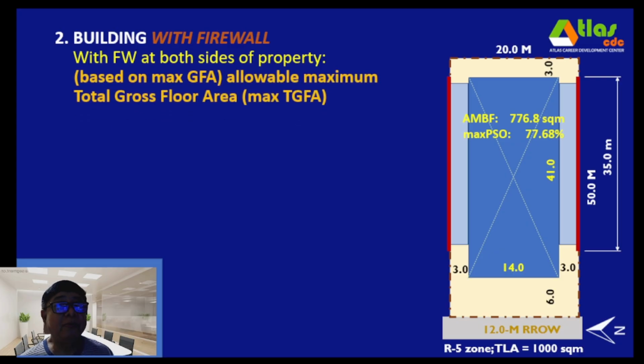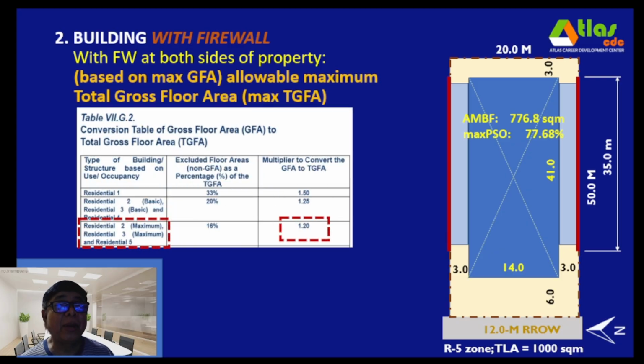Now if we check this maximum TGFA that is based on the maximum GFA, what we use here is a multiplier of 1.2.